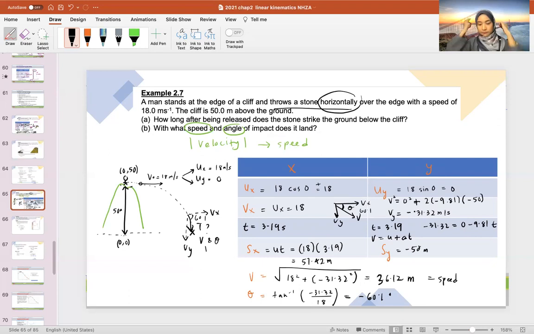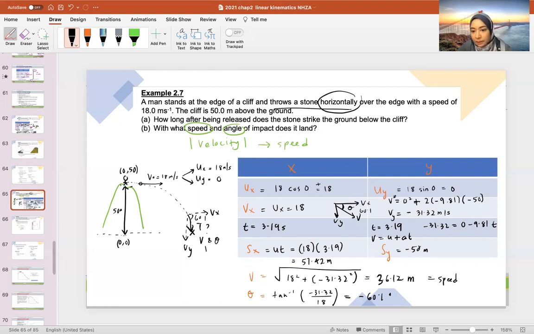Kan kat VY tu yang kita nak cari VY. Kalau kita darab negatif 9.81 dengan negatif 50, kita akan dapat positif, doktor. Itulah saya nak tanya sebab jawapan dia kan negatif 31.32. Oh, okay. So the confusion is yang ni 2 darab minus 9.81 darab minus 50, jawapan dia positif. Kenapa VY negatif? Itu ke soalan awak? Ya.